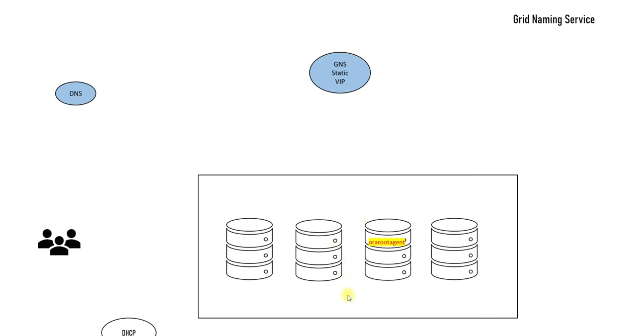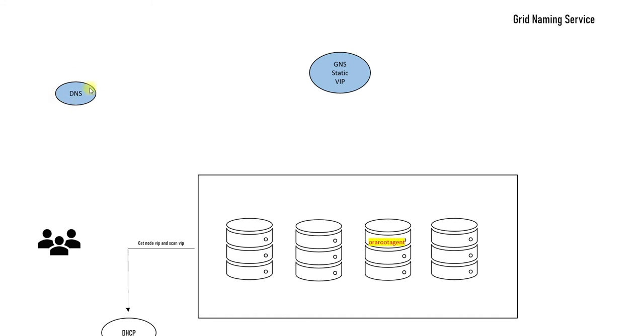During cluster startup, on every node the Oracle root agent is also started. This agent has the responsibility to contact DHCP and get the node VIP and scan VIP, because as I already said, in the GNS environment you do not need to configure the IP addresses for the VIP and scan VIP.